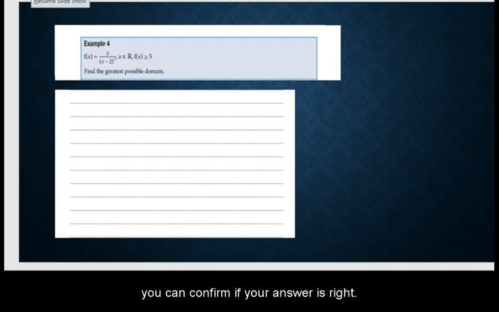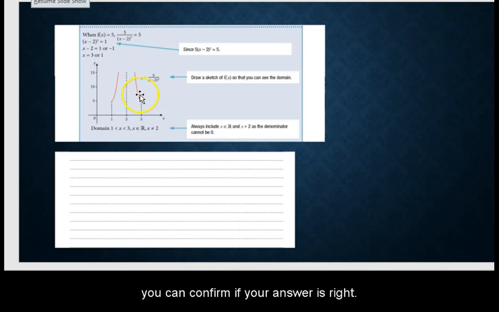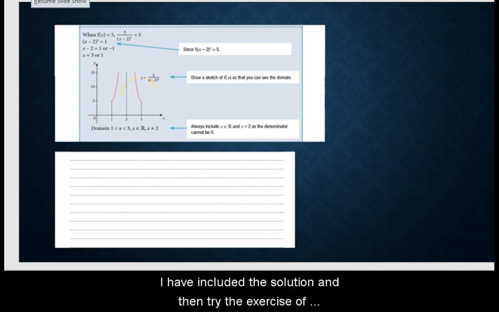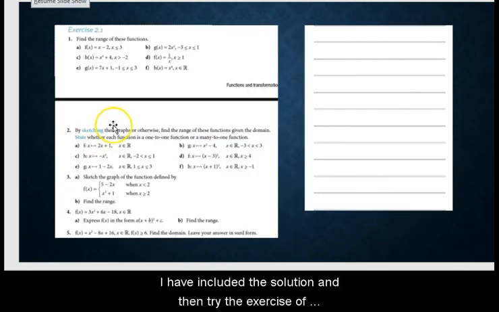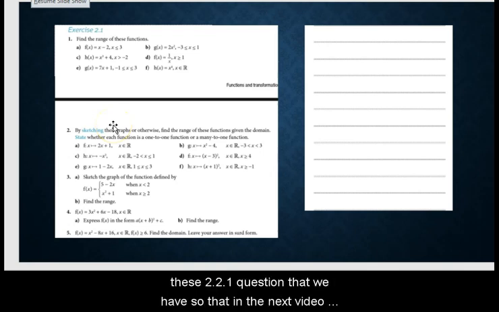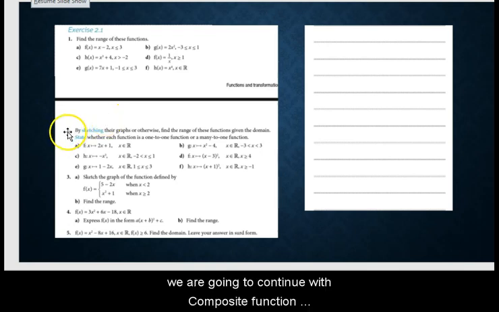So when you do this, you can confirm if your answer is right. I have included the solution, and then try the exercise of this 2.1 question that we have, so that in the next video we are going to continue with composite function.